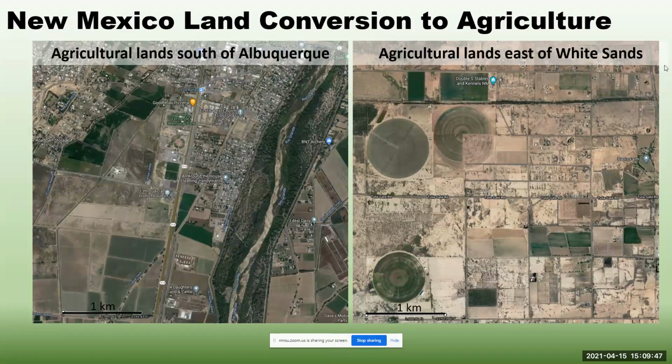So if we take a look at some of the agriculture that's going around in New Mexico, on the left you have agricultural lands just south of Albuquerque along the Rio Grande. And then on the right, you have agricultural lands east of White Sands, where there's a lot more central point pivot irrigation systems.